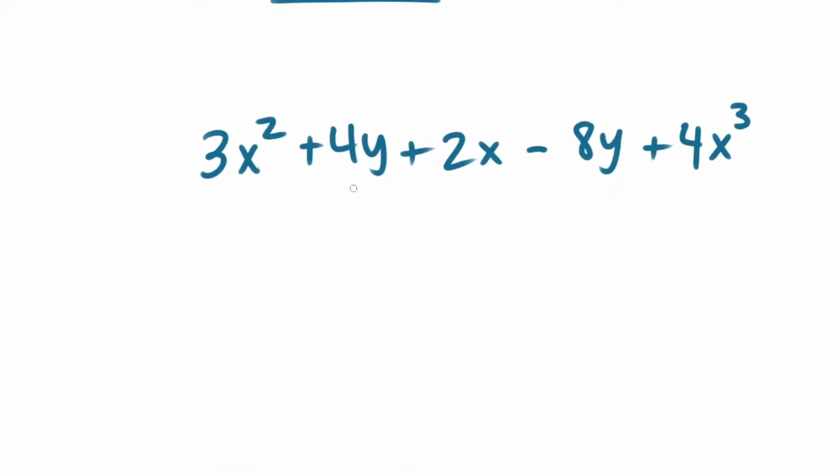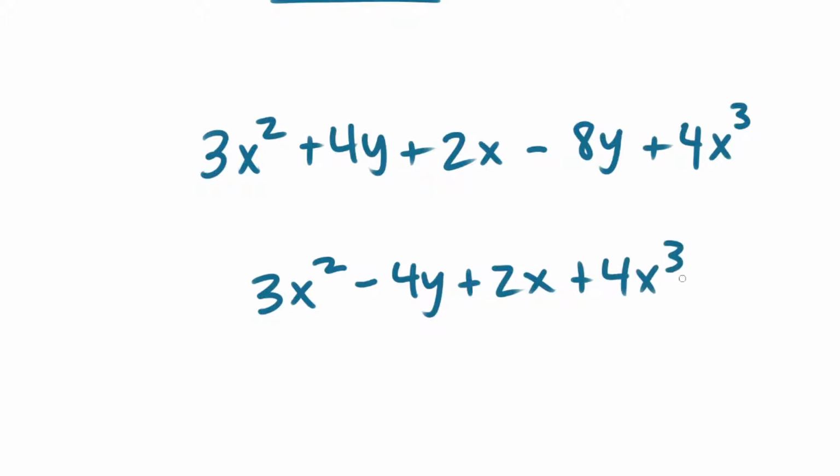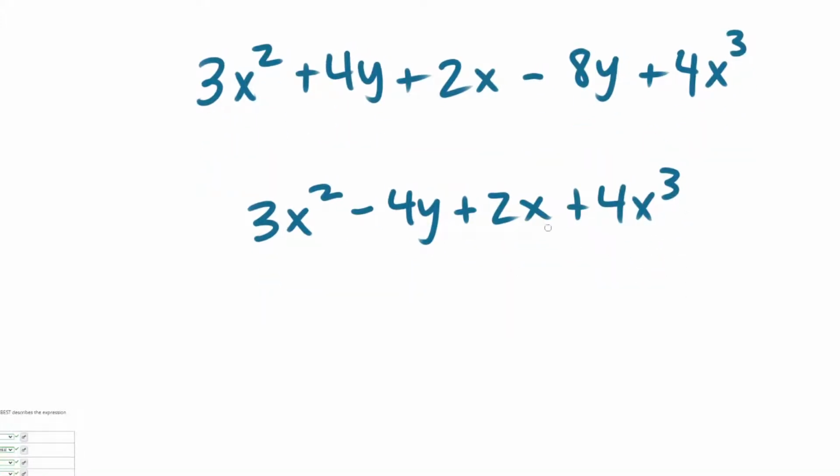So for instance, this 4y and this 8y, these are like terms, and that means that we can add or subtract them together. So our new expression would look like 3x squared minus 4y, because 4 minus 8 is negative 4, plus 2x plus 4x cubed. Now, you'd think that, hey, these all have x's, right?